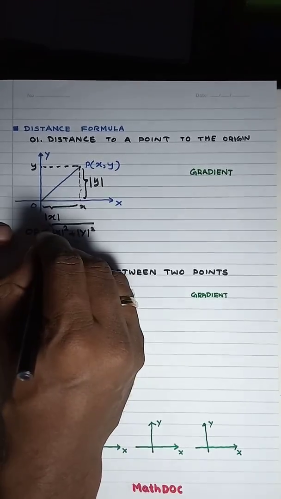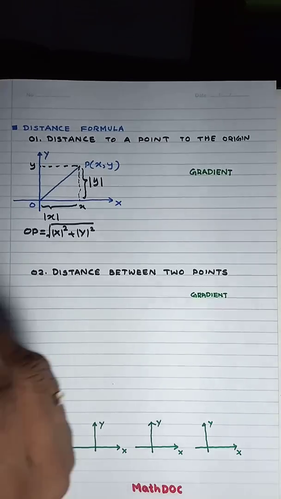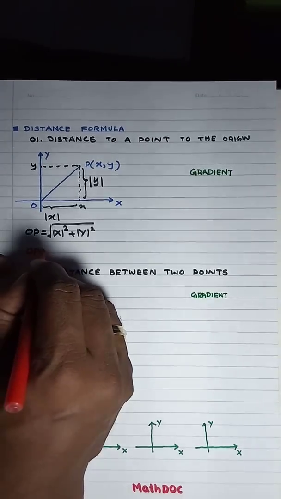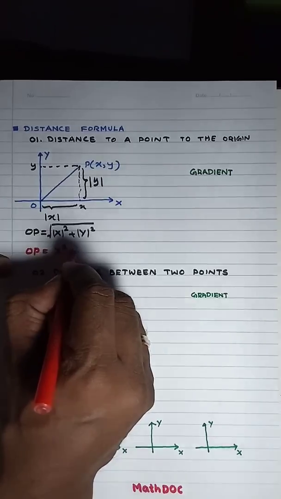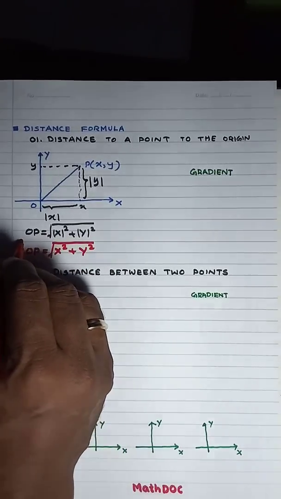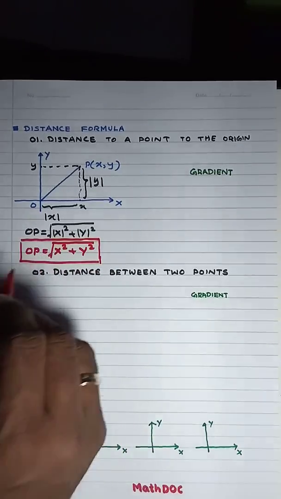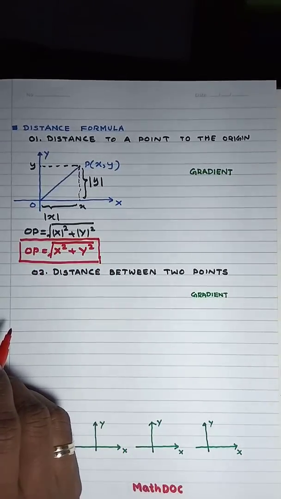Therefore OP equals the square root of x squared plus y squared; you can neglect the modulus sign. We call this the distance formula, the distance to a point from the origin.